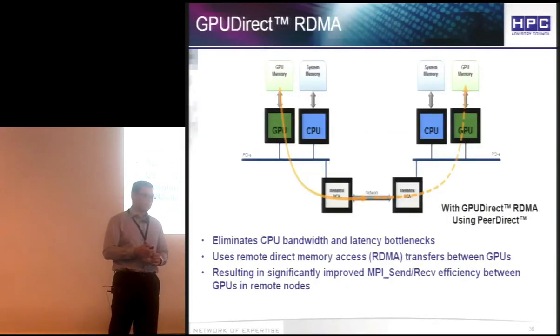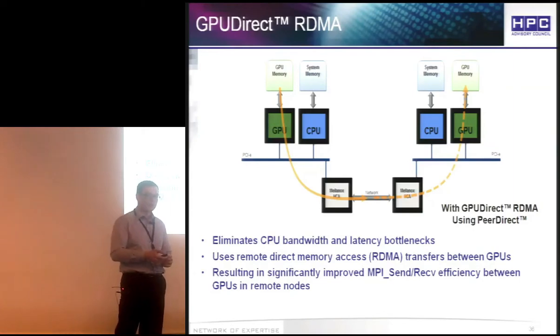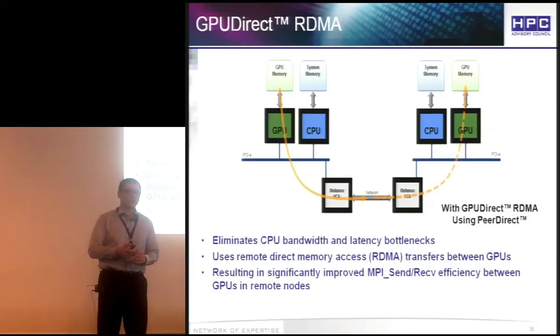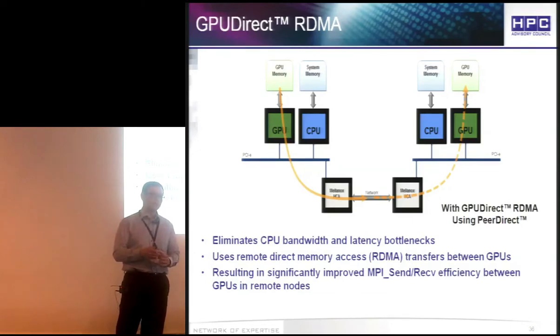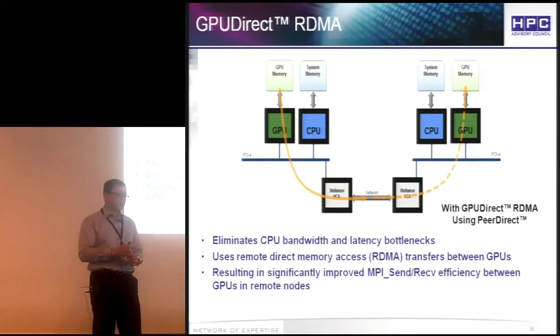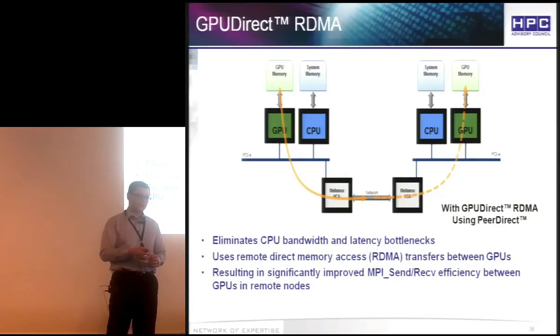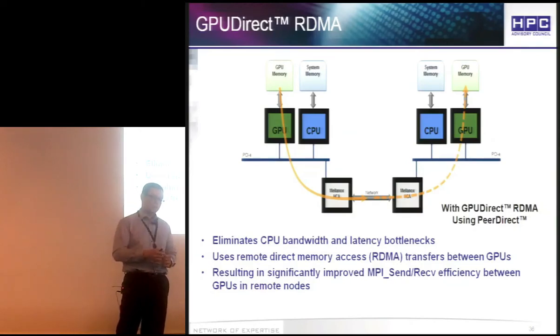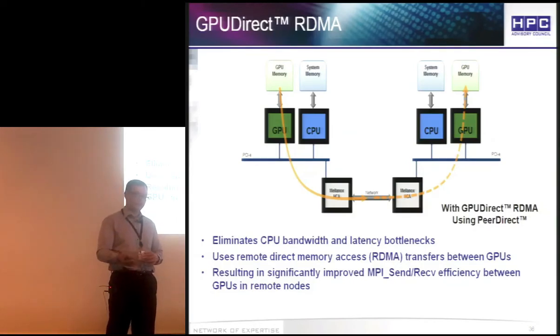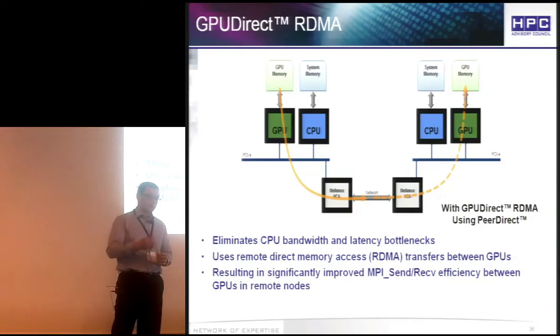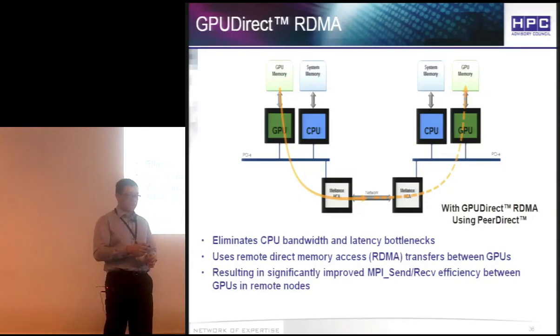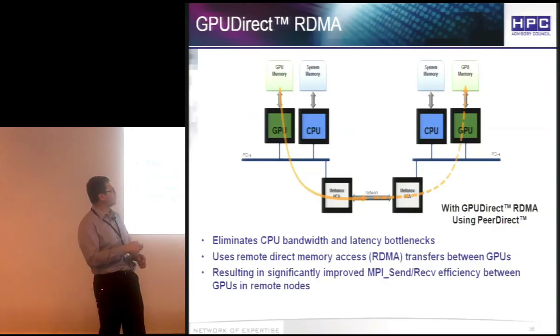Let me first describe the Mellanox GPUDirect RDMA. You probably have heard about it from Dr. D.K. Panda earlier. GPUDirect RDMA is a project that has been worked on by NVIDIA and Mellanox, and also by OSU for different MPI implementations, to reduce the amount of extra memory copies that need to happen on the system host side.